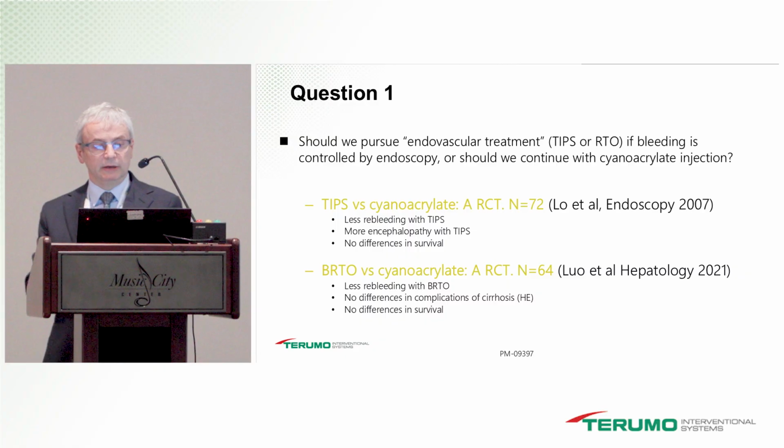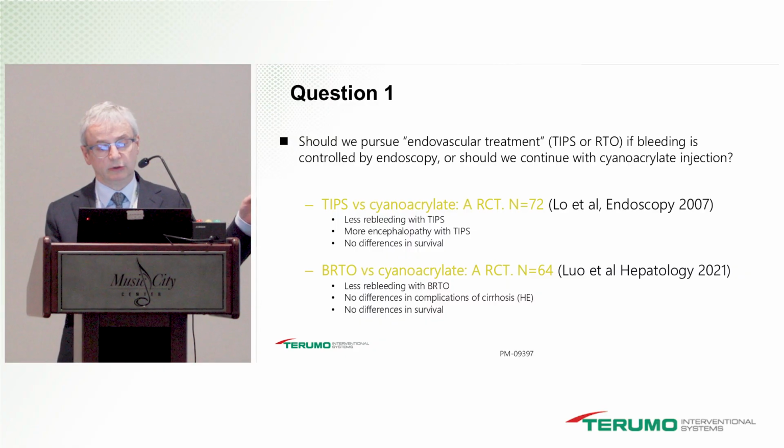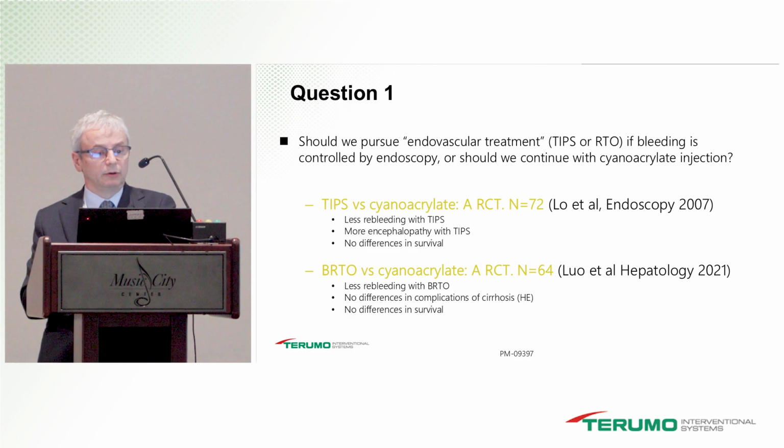But there is this very recent study that was presented at AASLD 2023 and is now published in Clinical Gastroenterology and Hepatology. That is very interesting because they randomized the patients to endoscopic therapy or to RTO or TIPS, depending on the feasibility and the interventional radiology preference.